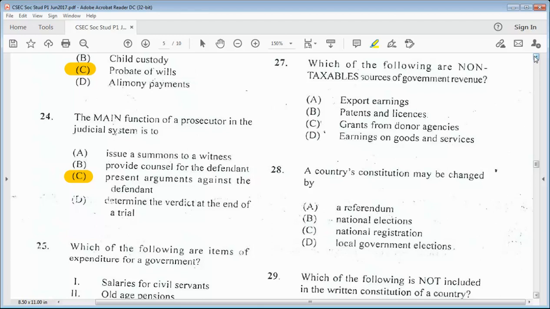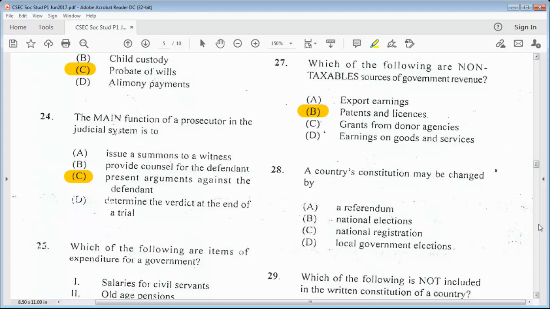Patents and license, so our answer B would be a non-taxable source of government revenue. Let's look at C, grants from donor agencies. D, earnings on goods and services. So we are going to go with B, patents and license. Let's go on to 28.